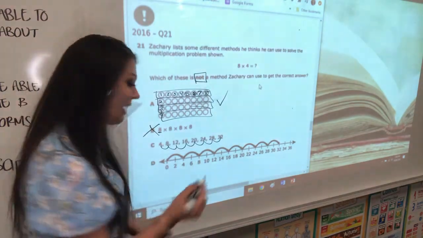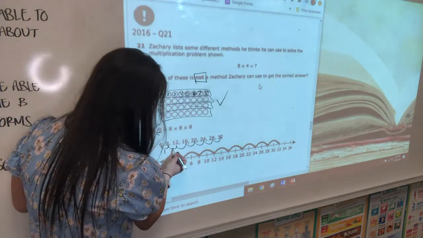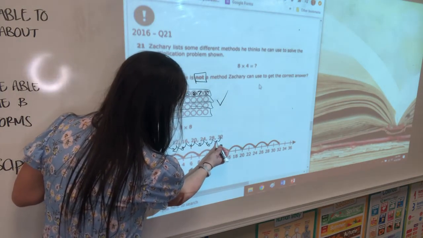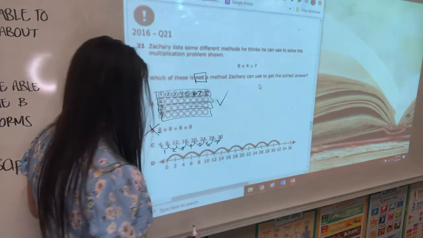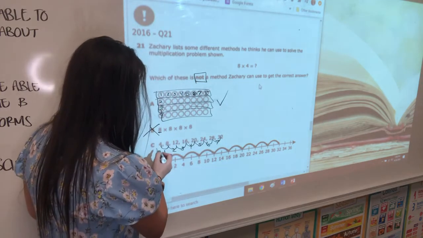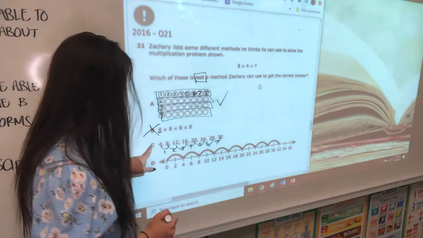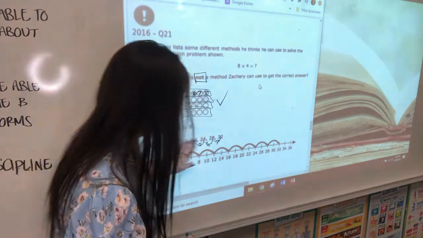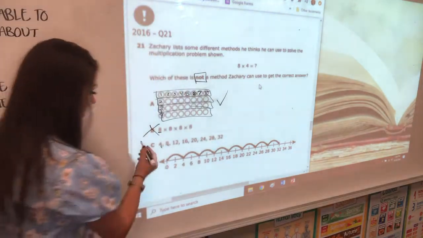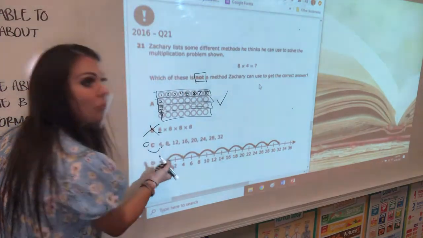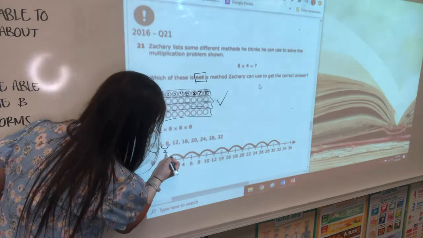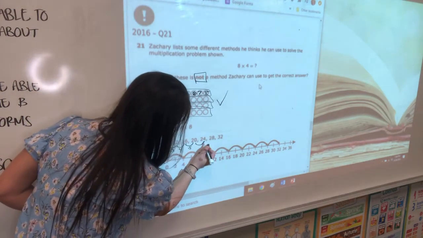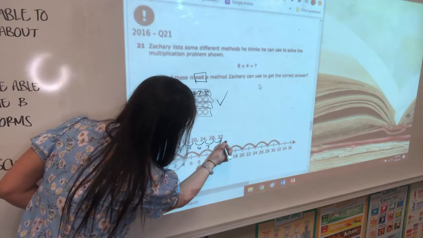Let's make sure he did it 8 times. So 1, 2, 3, 4, 5, 6, 7. Did he do it? No. Oh, because look. He started at 4. He didn't start at 0. Right? Because 0 to 4 is 1, 2, 3, 4, 5, 6, 7, and 8.